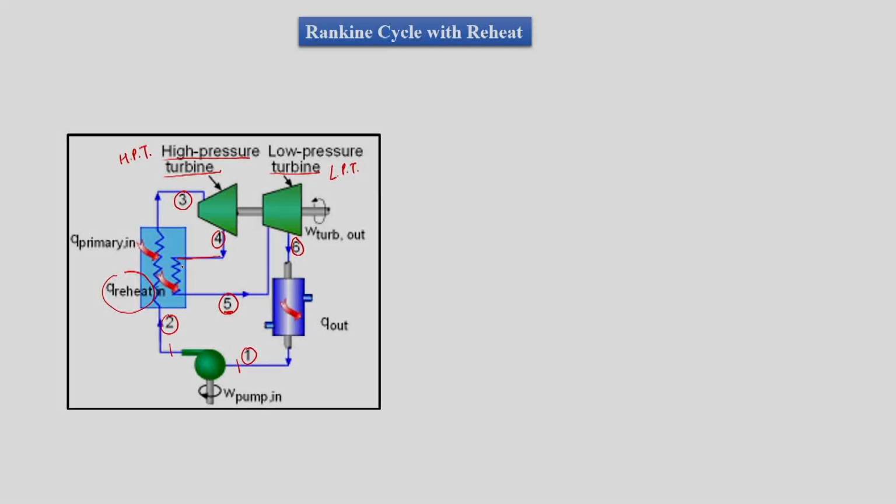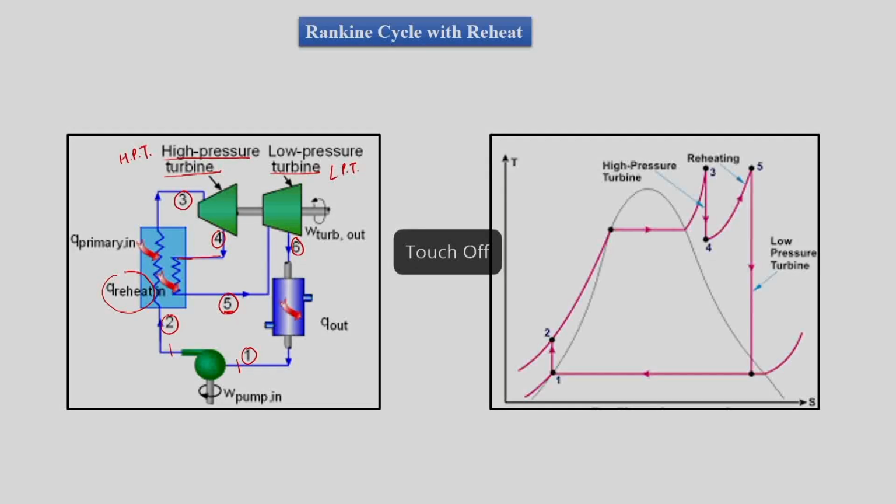In case of single reheat, we have the T-S diagram like this. As usual, we have 1 to 2 as the pump, and then heat addition in the boiler from state 2 to 3. 3 to 4 is our high pressure turbine, 4 to 5 is reheating, 5 to 6 is the low pressure turbine, and 6 to 1 is condensation.